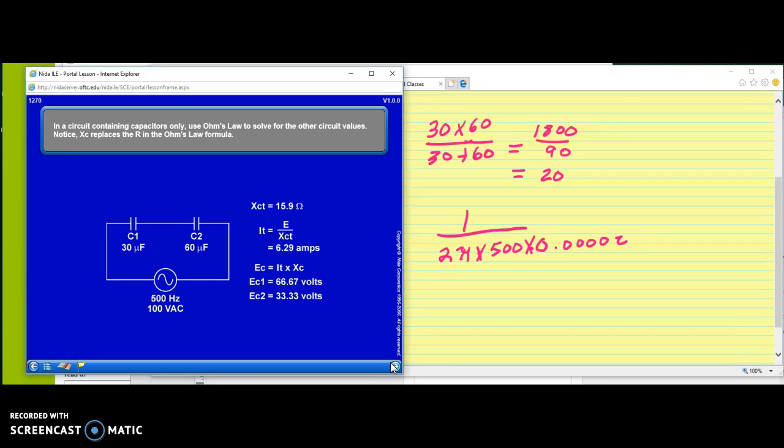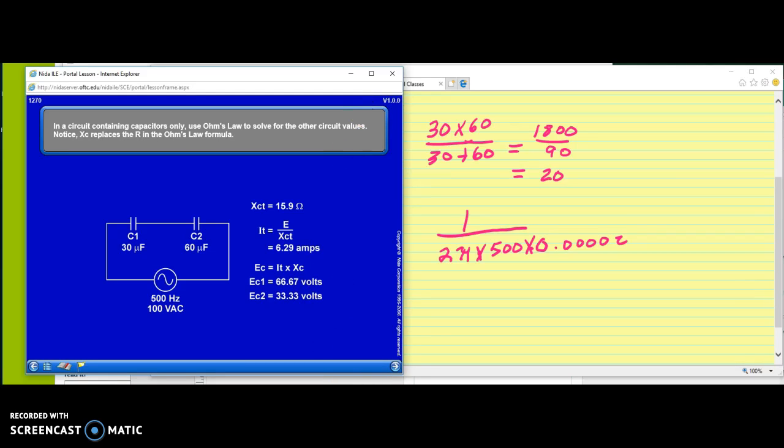X of C replaces the R in Ohm's law. So right here, X of CT, the 10.6 plus 5.3 gave us 15.9 that we're looking at right there. And if we take 100 volts, divide it by 15.9, we get 6.29 amps.